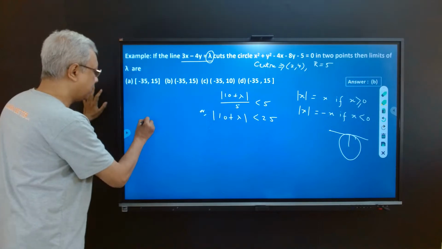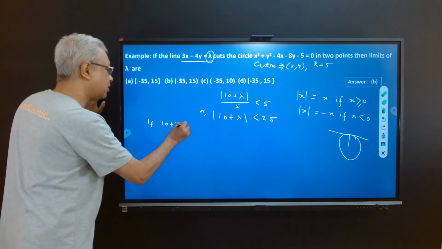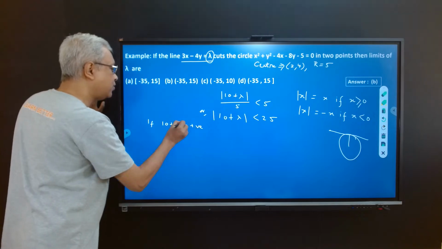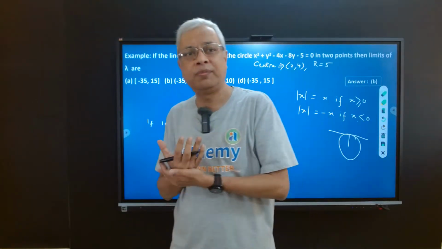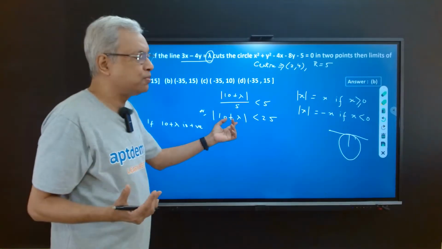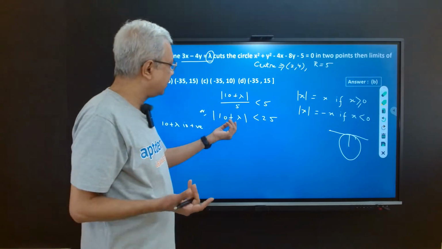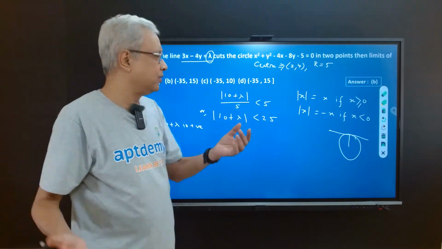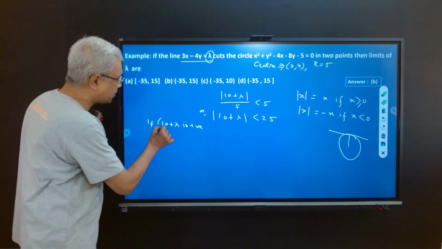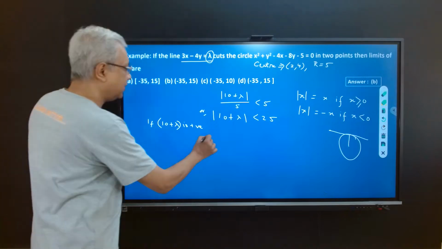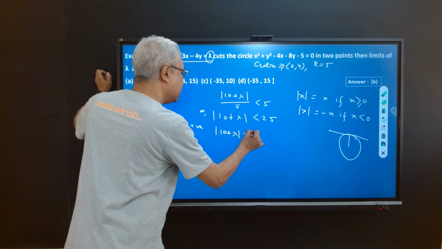Now, I do not know whether 10 plus lambda is a positive number or negative number. It depends on the value of lambda. Say if lambda is minus 11, then 10 plus lambda is minus 1. And if lambda is say 5, then 10 plus lambda is 15, which is positive.